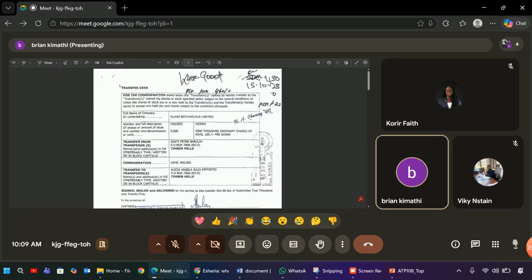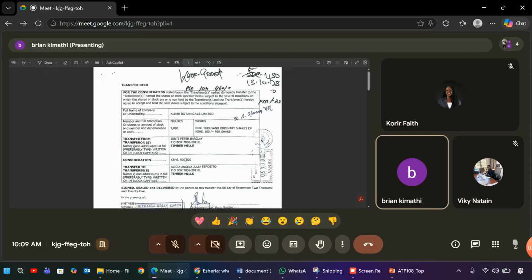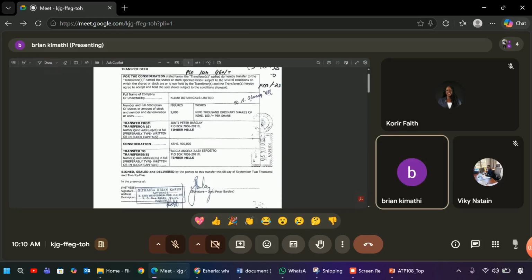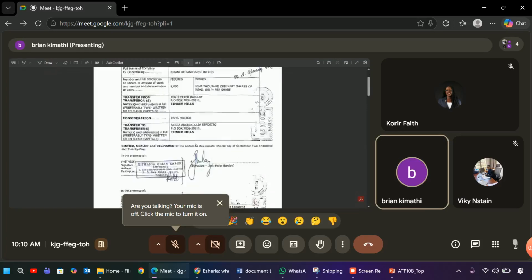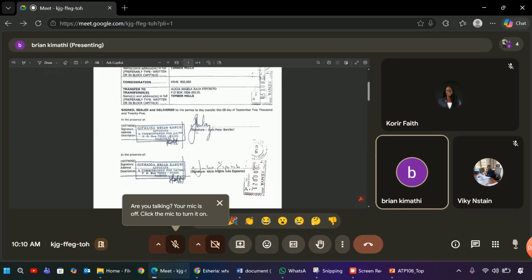So we make the transfer deed. When we prepare the transfer deed, we write the name of the company, the figures and words, so how many shares are being transferred, and then the shareholders sign, the shareholders who are selling to each other, and then an advocate signs.